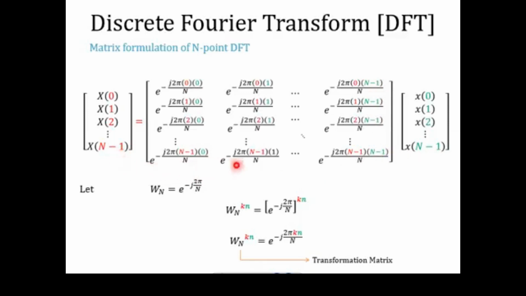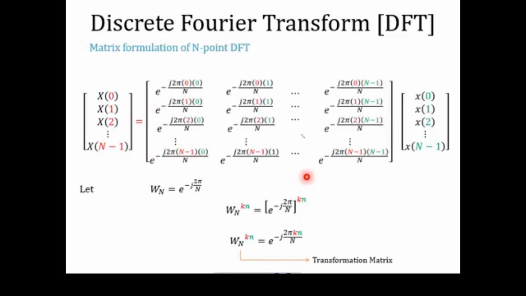Now, if you observe this square matrix carefully, you will find one factor as a common factor, which is exponential minus j 2 pi over n. So this factor is common in all the entries of this matrix.